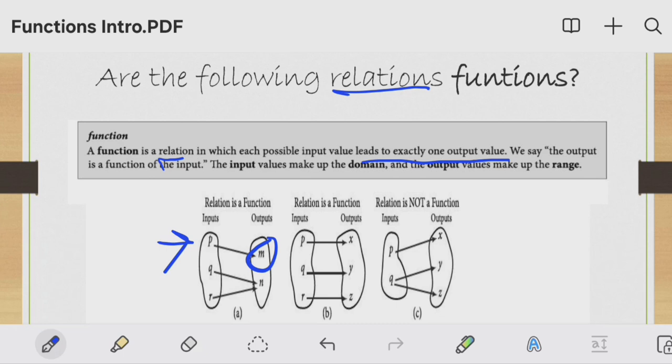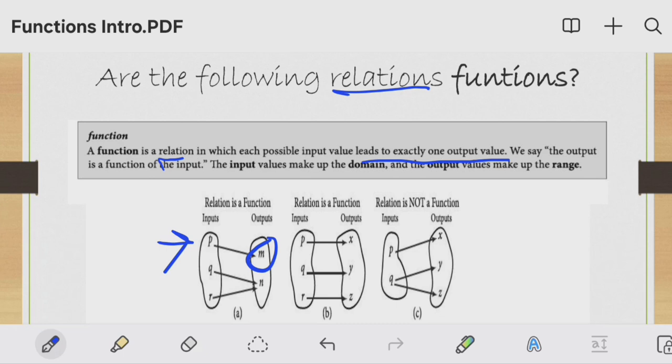Meaning each possible input value led us to exactly one output value. But you may say N is shared there. Yes, it's shared, but each possible input value gave us exactly one output value. It just happened here that N was common for both Q and R. So this relation is a function.